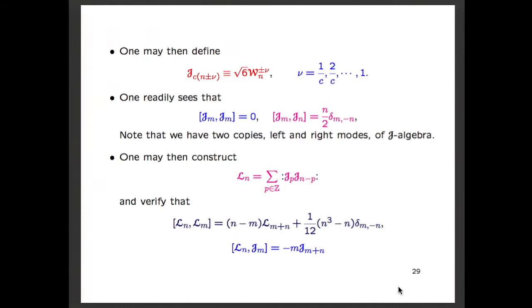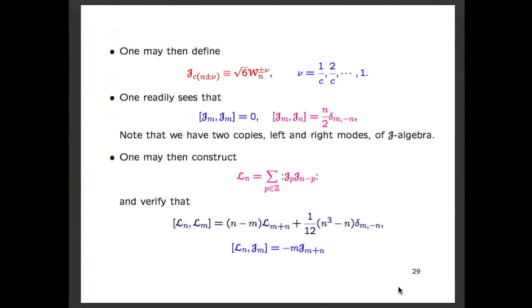You may say, I want to repeat the same game that you did for the BTZ black hole for this Rindler space, meaning I want to find its non-trivial residual diffeomorphisms and associate charges with them. The algebra that you would get is exactly this. There is no sign of a central charge or anything related to the black hole, by just the same procedure that I described earlier. So this is the algebra of residual symmetries for any Rindler observer.